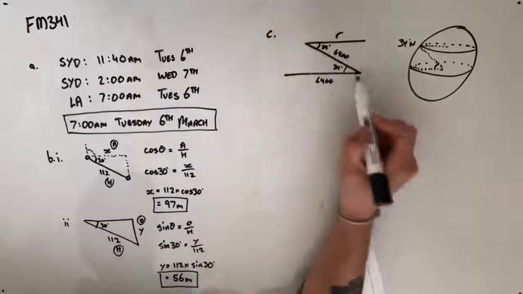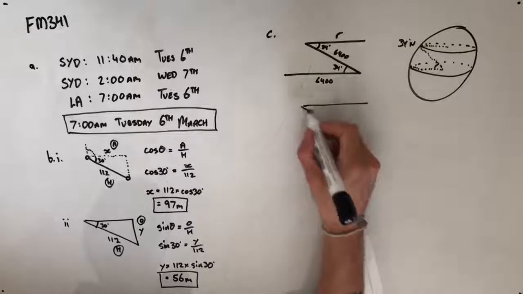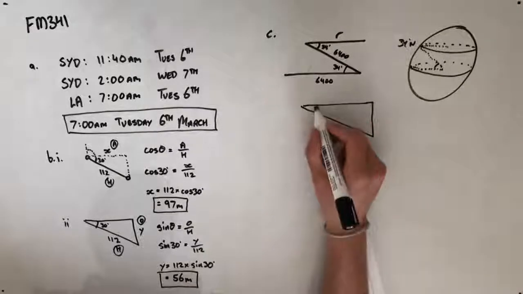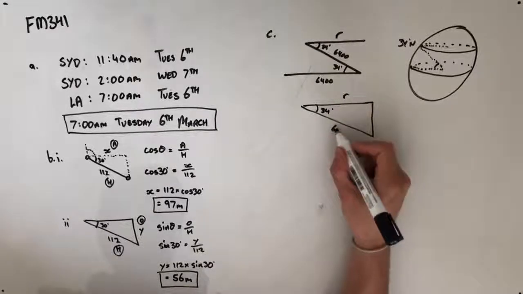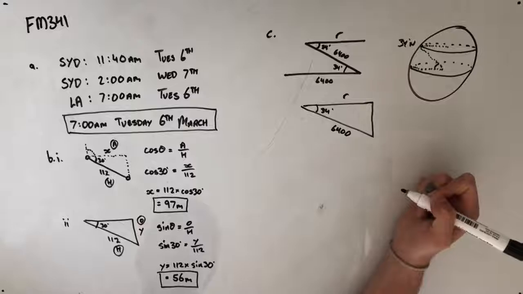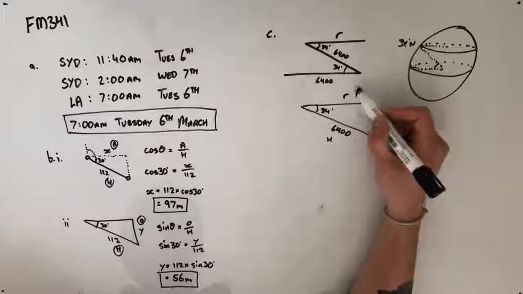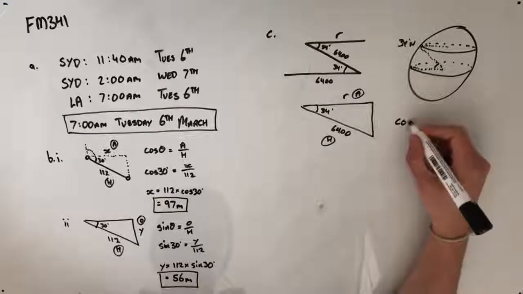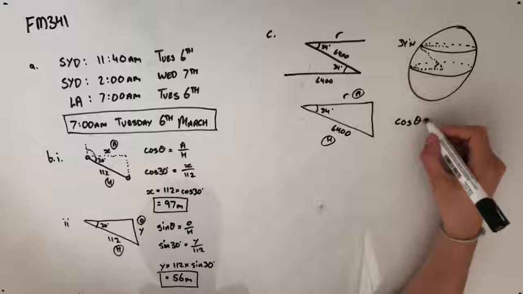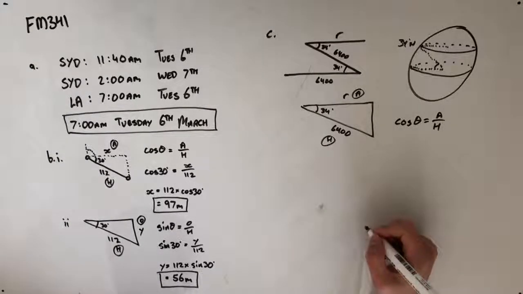So what we've got now is this little triangle, which you may or may not be able to see so far, but I'll draw it more explicitly. So we've got a triangle that we can use to solve for this value R. What you might notice is that we've got a hypotenuse and we're trying to find the adjacent side, which means, of course, we'll be using cos, adjacent over hypotenuse.